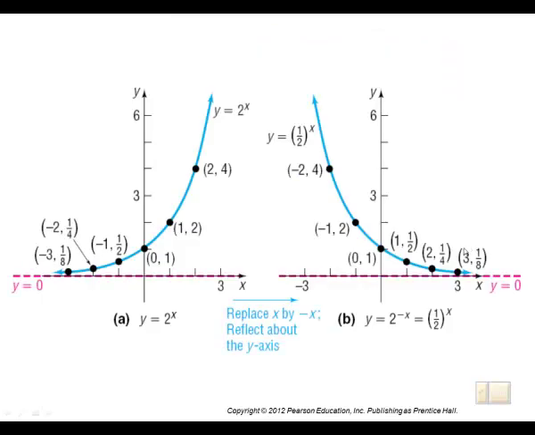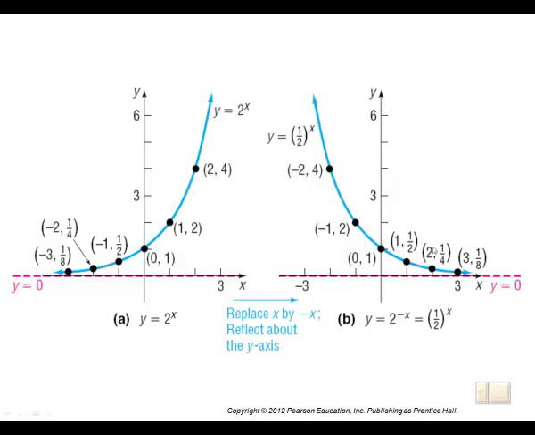Alright, and so here's the two together. Now if you have y equals a to the x where you have x to the negative power, then what that does is reflect the graph about the y-axis. So here's y equals 2 to the x power, and y equals 2 to the negative x.